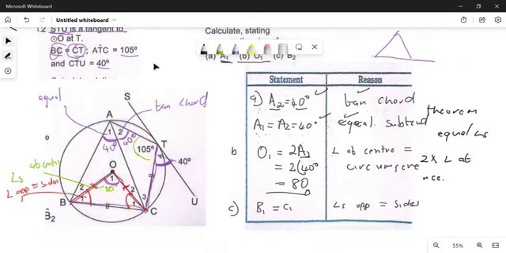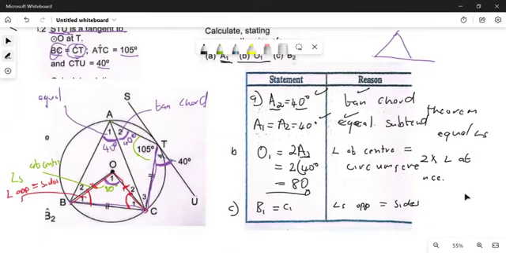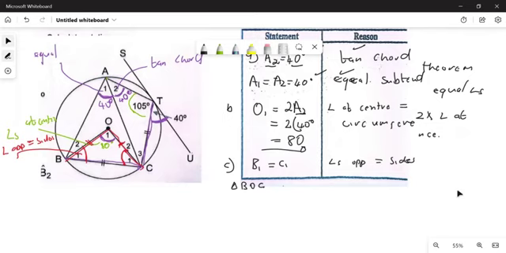It's a triangle, triangle BOC. So you're saying I have triangle BOC. What should I do with triangle BOC? We're going to find angles B1 and C1.